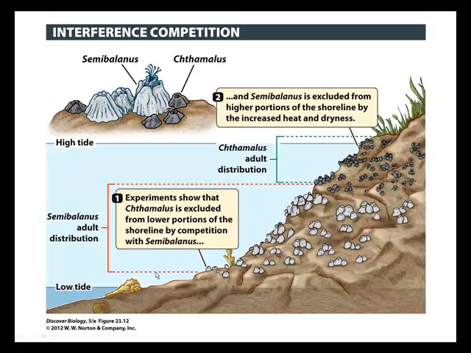Those lines that you see are where intense competition is occurring. And the only reason these two, which are both types of barnacles, are able to survive is because of niche partitioning, because of that adaptation that the smaller barnacles have. Okay, that completes our time on population ecology.